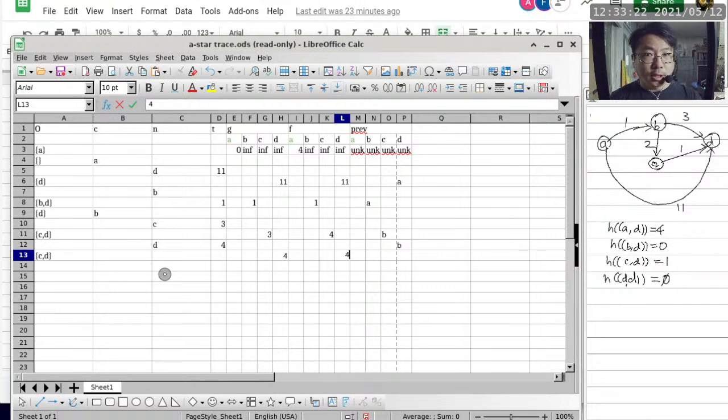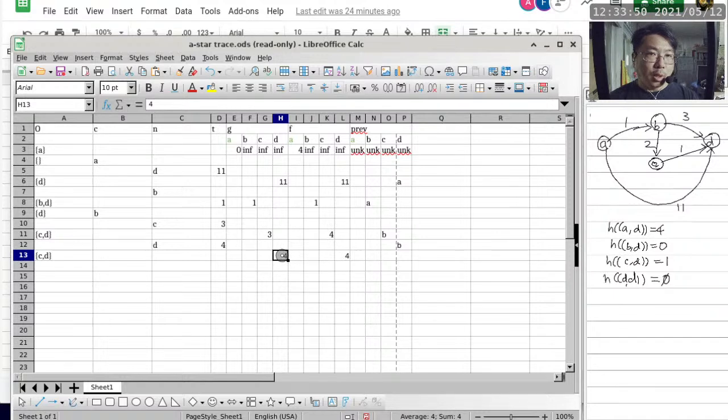We go back to the beginning of the while loop. Now we are staring at these two vertices, and we ask, does any one of these have an f value that is smaller than the g value of d? So we look at f of c. F of c is 4. And then we ask, is 4 less than g of d, which is also 4?